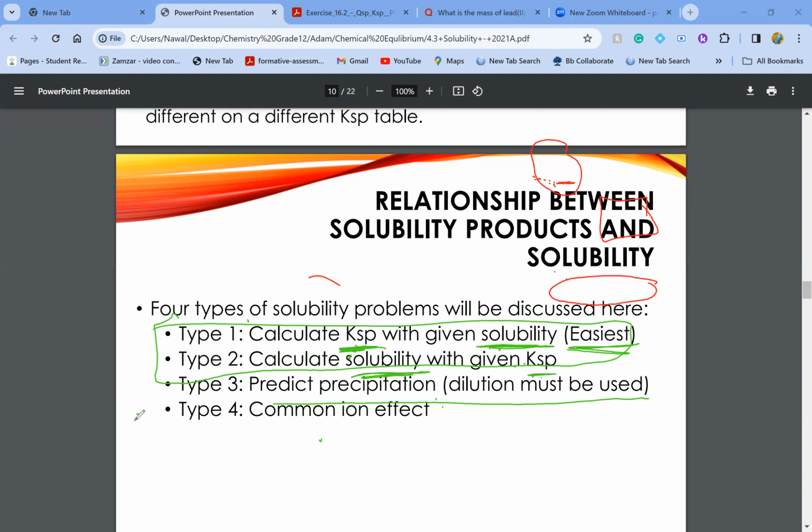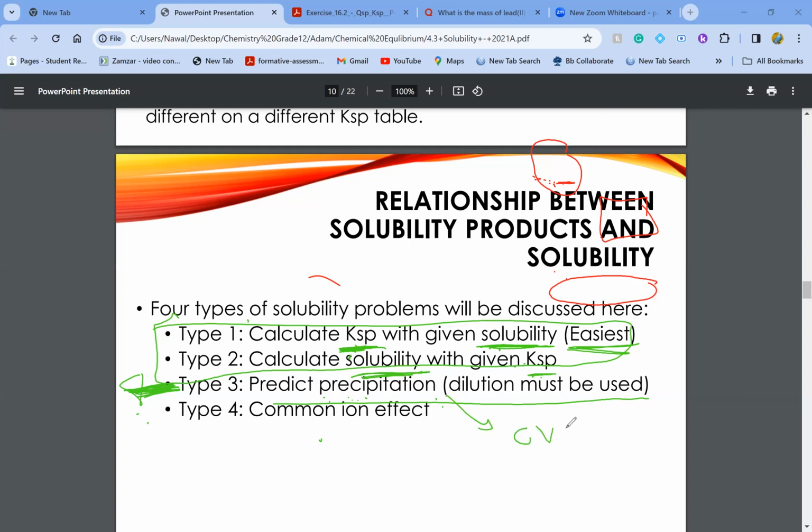So we have to find the excess. This is from grade 11. When you find which one is in excess or limiting, you can apply the exercises.